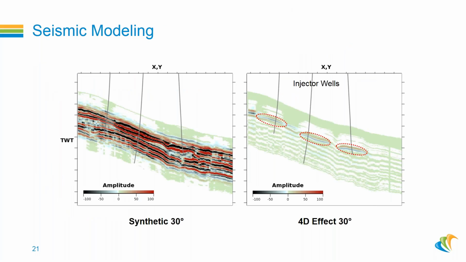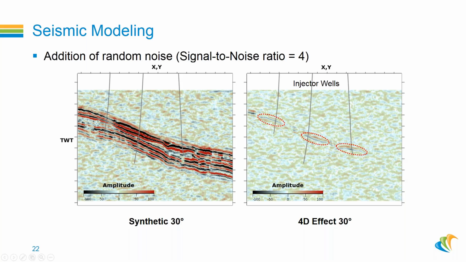An example is shown here, a synthetic generated for an angle of 30 degrees, and for the effect, comparing this monitor to the base. So this is our 4D effect, which is shown here, and we are able to see it. But adding a signal to noise ratio of 4, we are still able to see that 4D signal on the right-hand side.